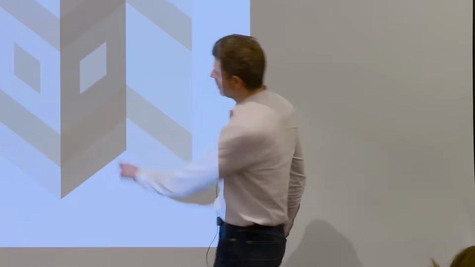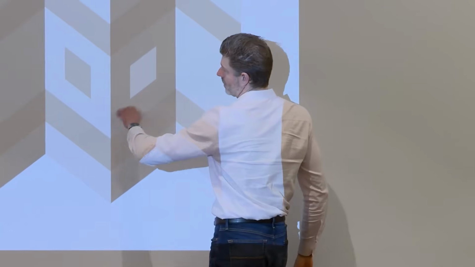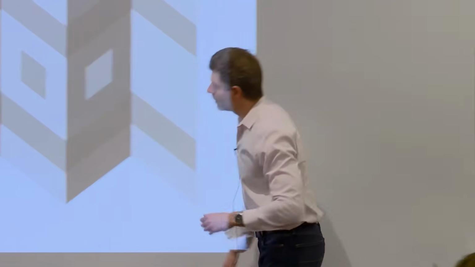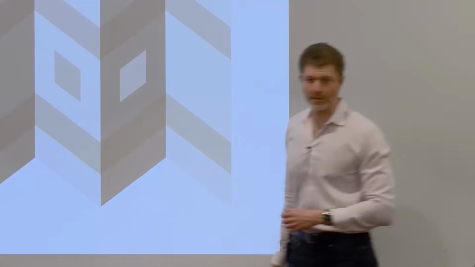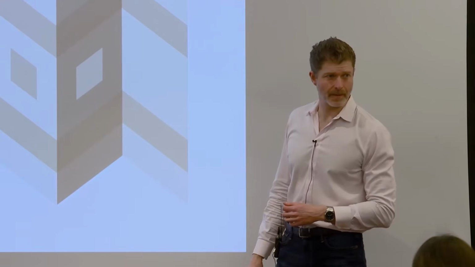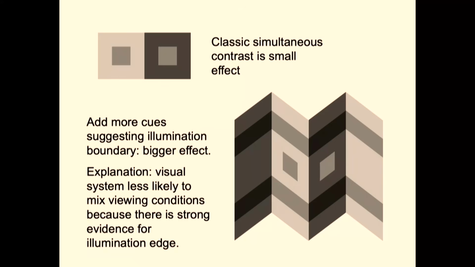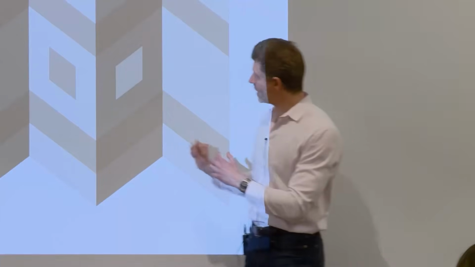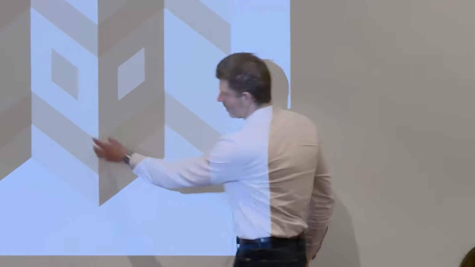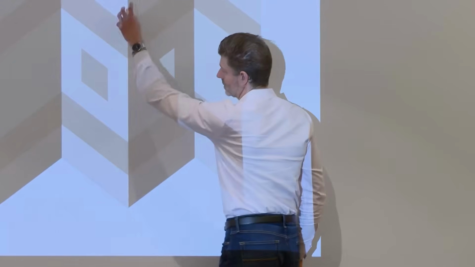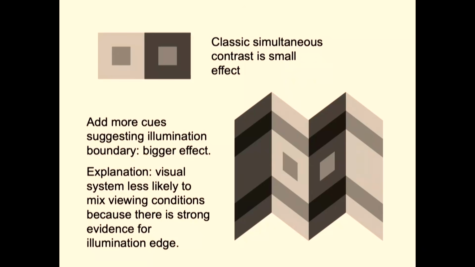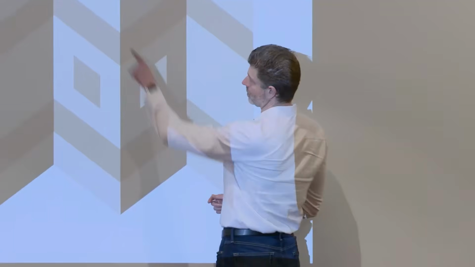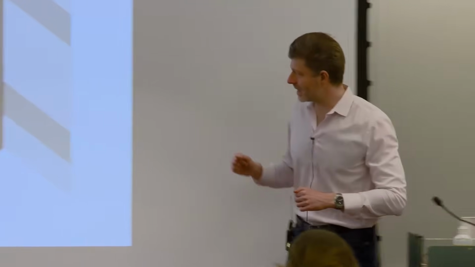So here we've taken those same gray levels, but then set them up in such a way that you have all these additional cues that this and this would be in different regions of illumination, right? It looks like the surface orientation is different. There are these other regions here that are consistent with the idea that this is in high illumination. And so one way to think about the fact that the illusion here is a lot stronger than the illusion here is that there's stronger evidence for an illumination edge.